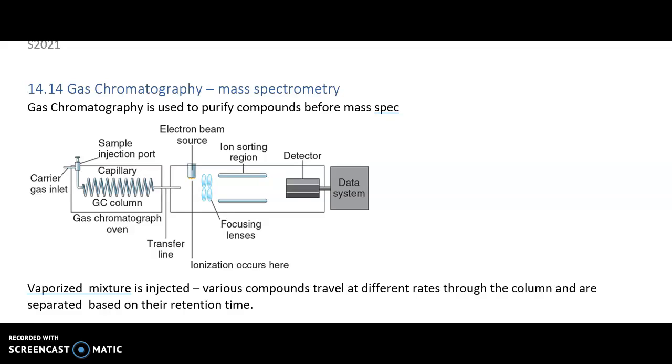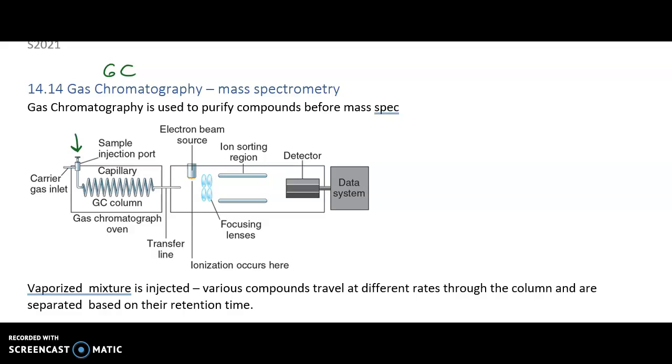I want to tell you just a little bit here about gas chromatography. This is usually abbreviated GC. And frequently, if you have a gas chromatograph, you'll put a mass spec on the end of it. So we'll start here and put our sample in here.